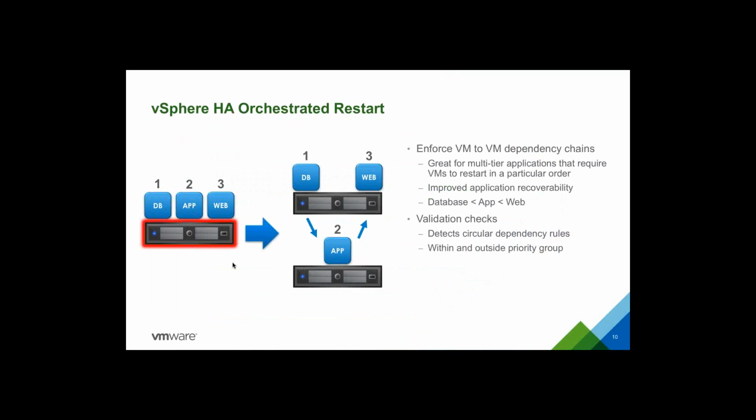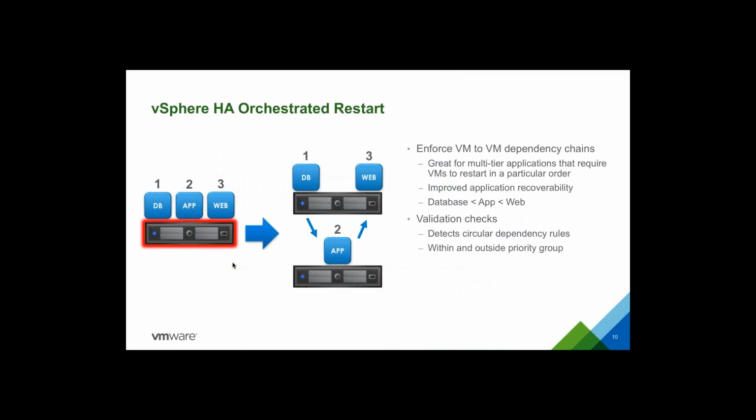So for example, you can't have the database tier be a medium priority and your app tier be a high priority. It's going to detect that and prevent you from doing that.